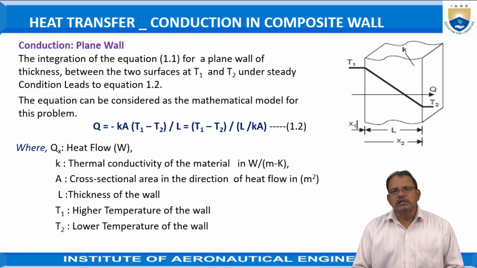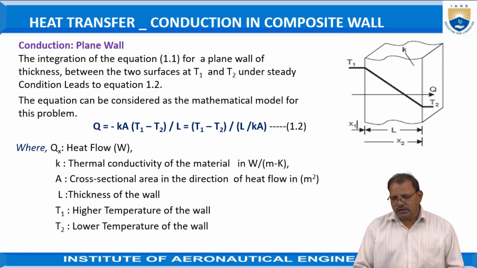But in this problem we are taking just one material, one slab having thickness equal to L. It is receiving energy from the furnace or the air which is maintained at higher temperature, to the surface of the slab or wall.